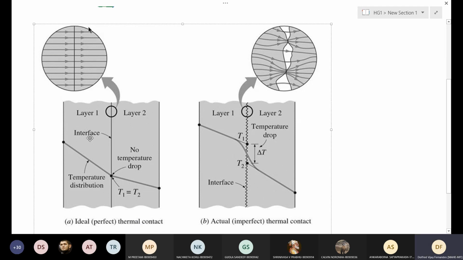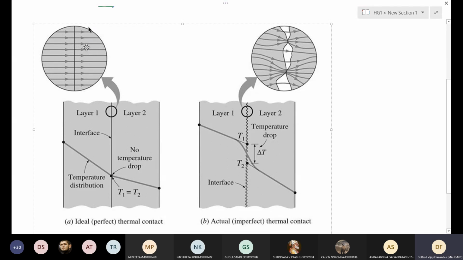In the figure you can see that in the first wall there is a temperature distribution, and at the interface the temperatures of the first wall and the second wall are taken as the same value. This is an idealized assumption.